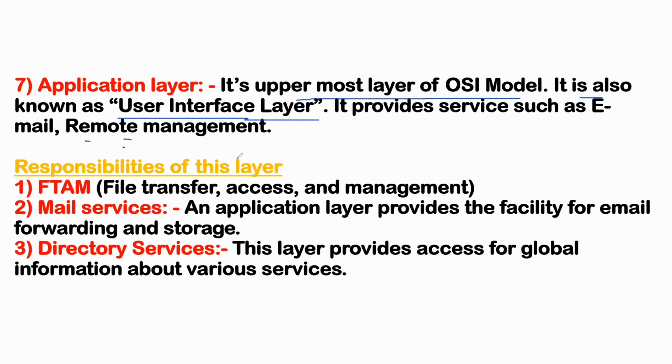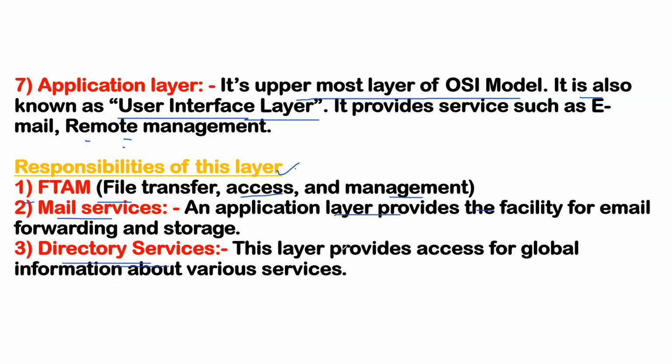The responsibility of this layer is FTAM, file transfer, access and management: you can send files by any protocol or application, access and manage files, or use mail services. Any application layer provides the facility for email forwarding and storage. We have mail services like Outlook, or if you use a browser, Gmail, Yahoo Mail, and we also have directory services.